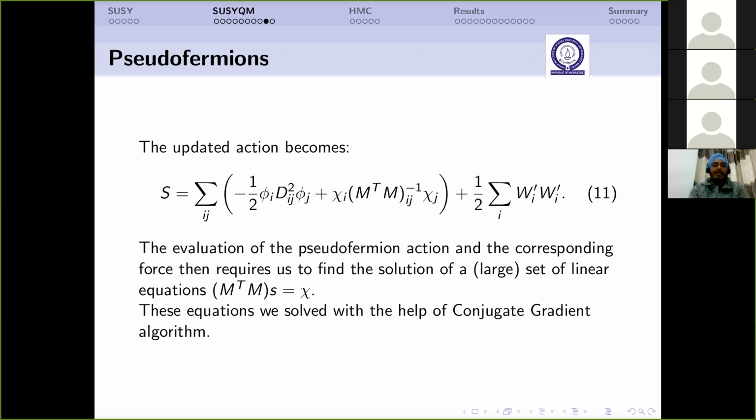So this M transpose M inverse chi part, we need to solve using certain techniques. We can use gradient descent, or we can use conjugate gradient. Conjugate gradient is in a way faster compared to gradient descent. So we used the conjugate gradient algorithm here.